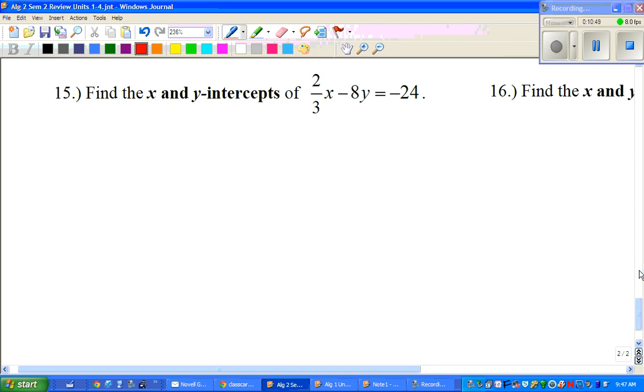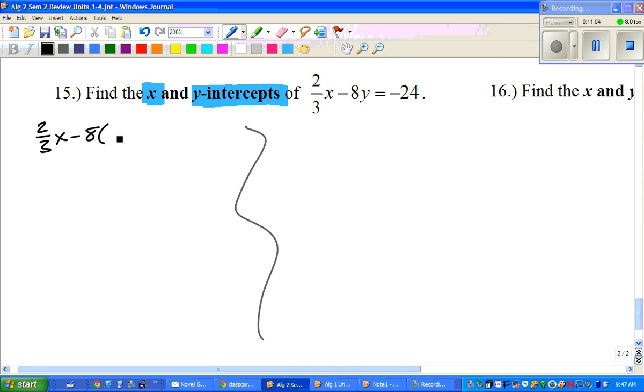Last one is to find the x and y intercepts. Remember, so x and y. There's going to be two things we have to do here. All right, so when you're finding the x and y intercepts, it's when you let the x equal 0 and you let the y equal 0.